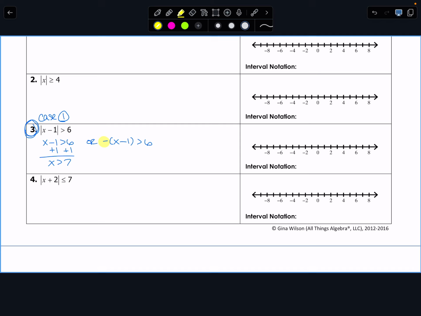I don't care which way you want to go. All of my answer keys, I wrote it as distributing. So I have negative x is bigger than 6, so that x is less than -6. So anytime I multiply or divide by a negative, I have to switch the direction of the sign.